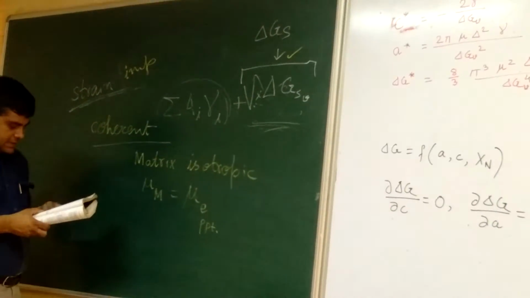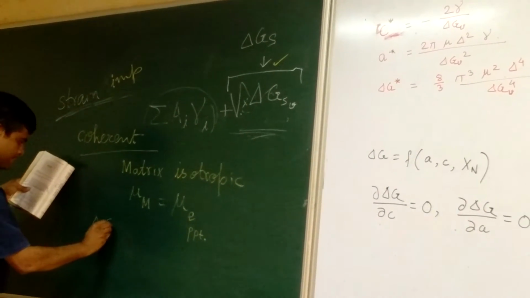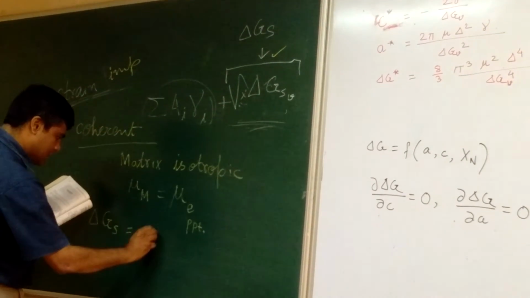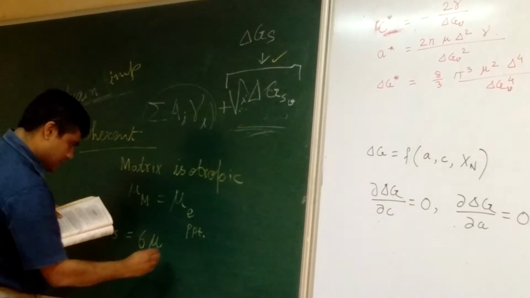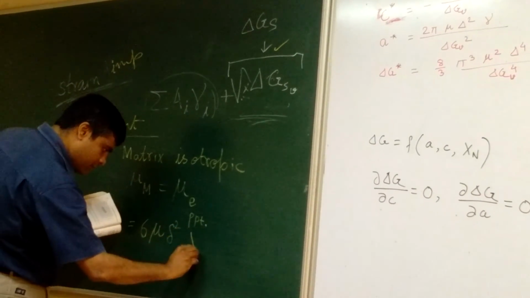In that case, the strain energy is given by 6 mu delta square multiplied by volume.